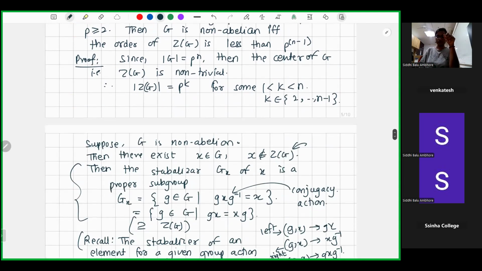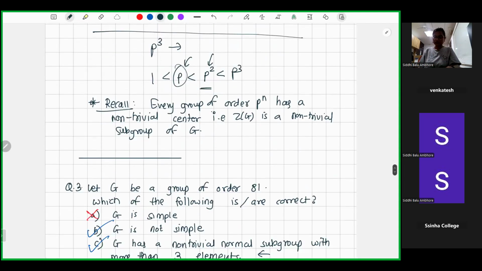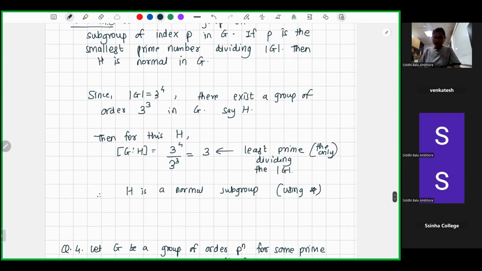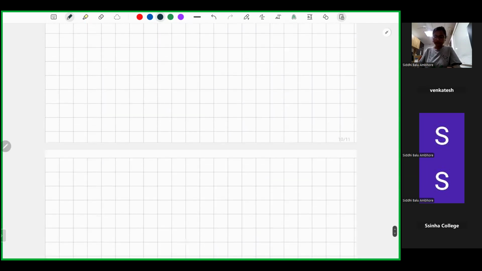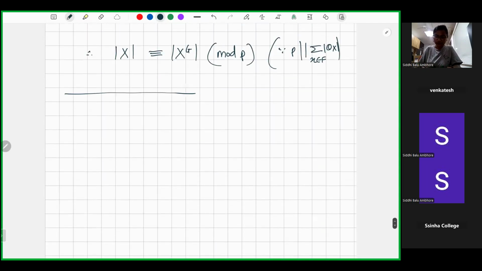So let me also mention this here. This was the group class equation and everything.